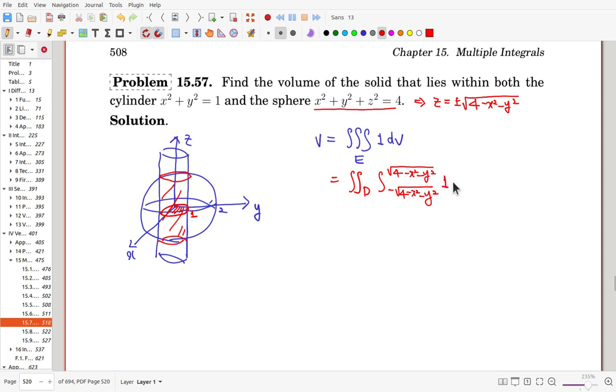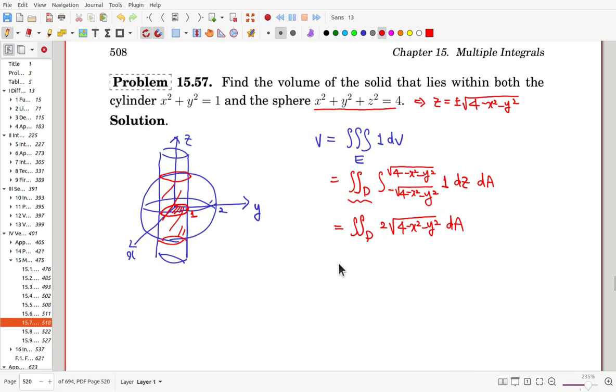We integrate in the z direction, and after that we'll get the polar integration. For that, the integrand is constant, so you can get the inner integral quite easily. That is twice the square root of 4 minus x squared minus y squared, dA. The length is twice this one.